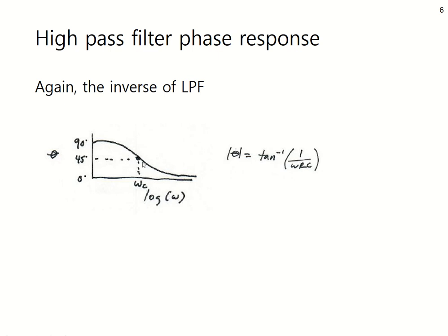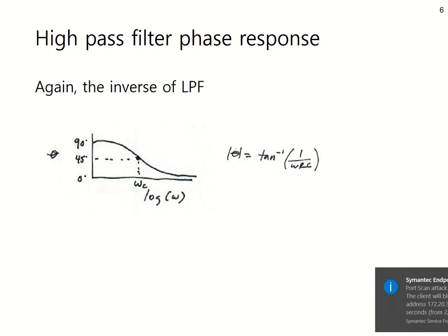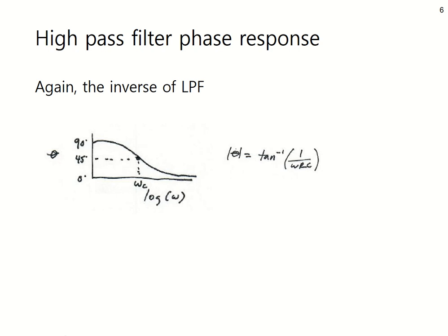So if we plot this, the phase versus the log of the frequency, we see at the cutoff frequency, we have a shift of 45 degrees. And it's 90 at low frequencies and 0 at high frequencies. So at high frequencies with the high pass filter, we want the signal to be minimally modified, so that's why this goes to 0 here.